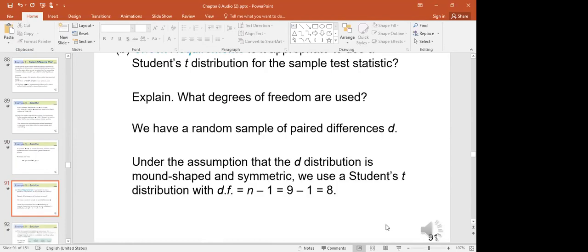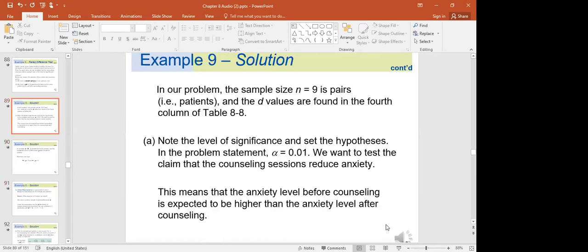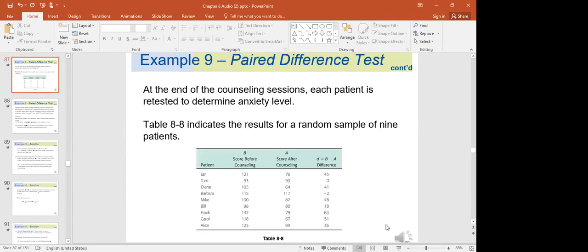So the method that is used manually, if you don't have Excel, is that you take the difference between B and A, as I told you, and you use this data in your calculator or whatever means you want to use as a single test.